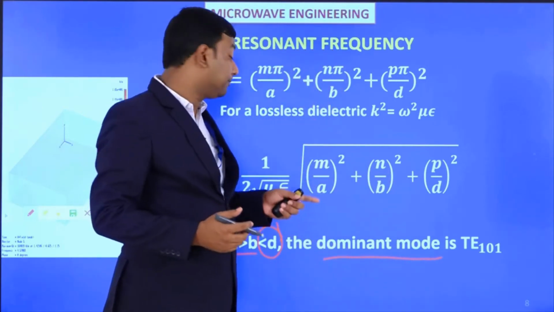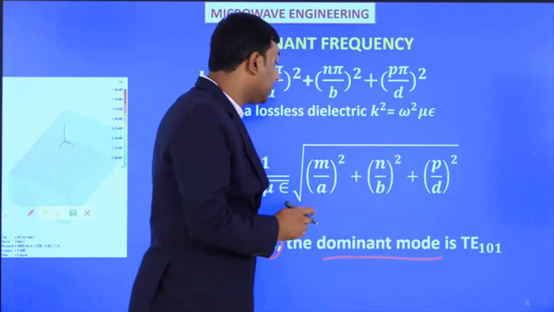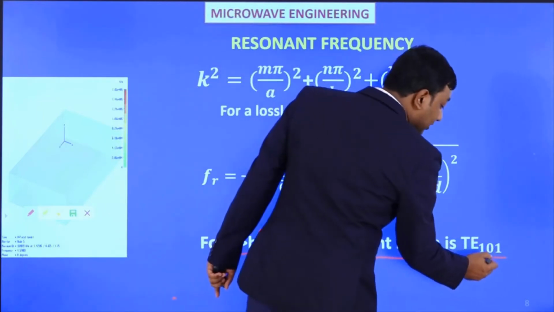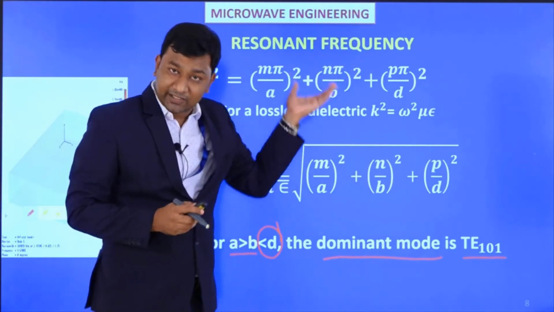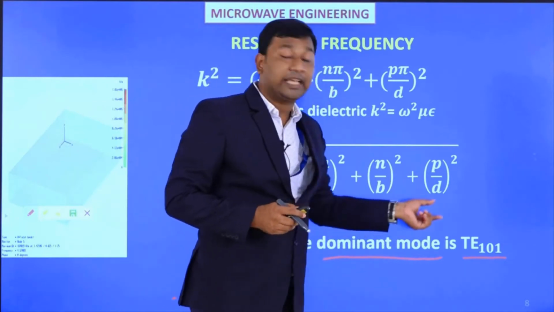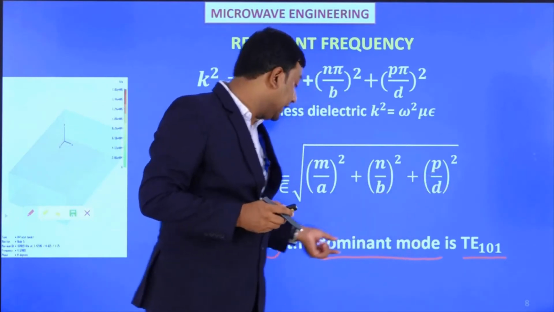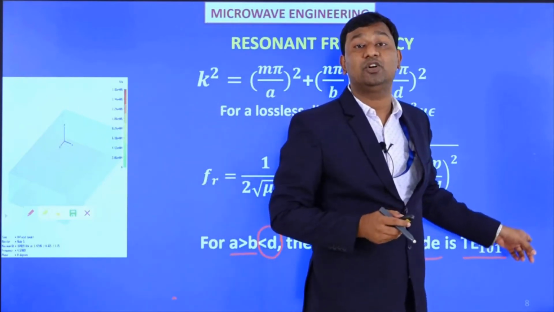But here, the mode having the lowest resonating frequency is called the dominant mode, so dominant mode will be TE101.